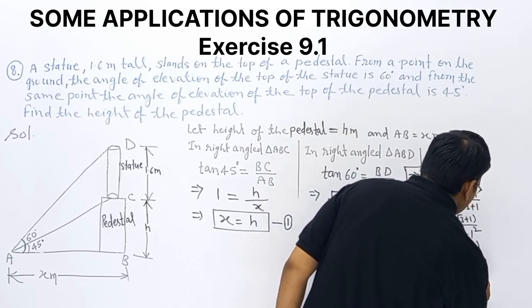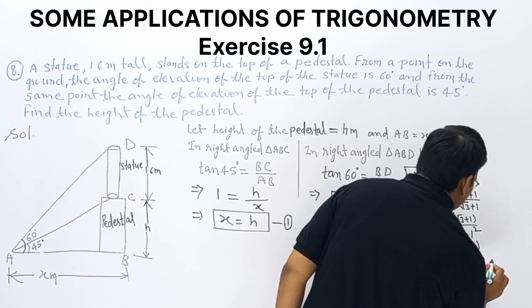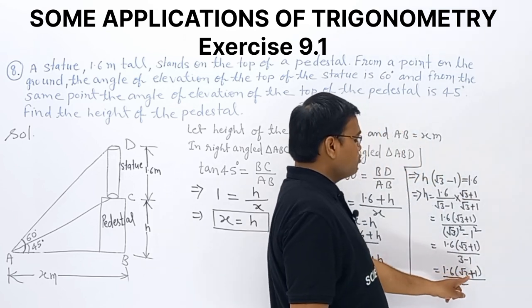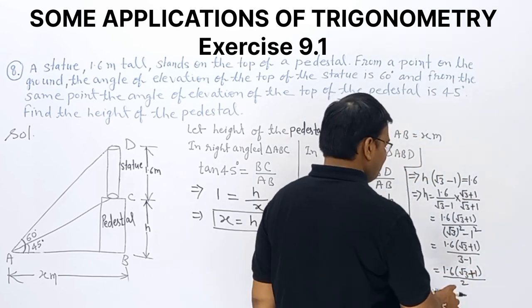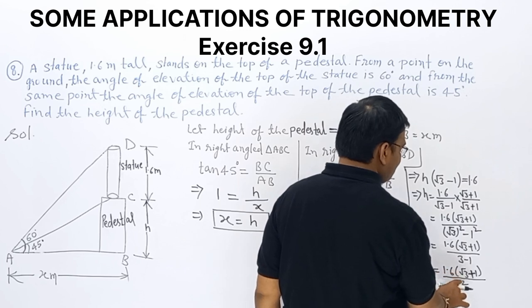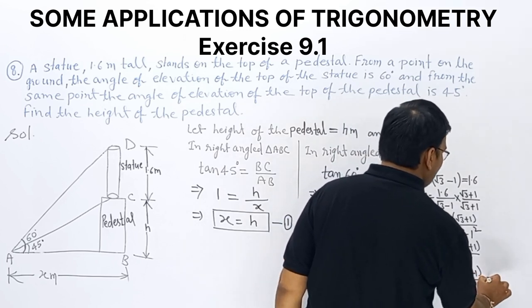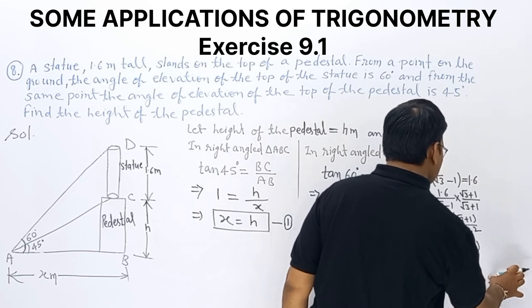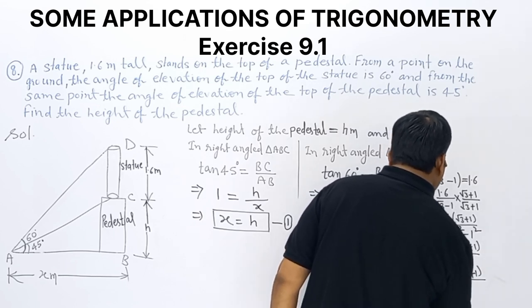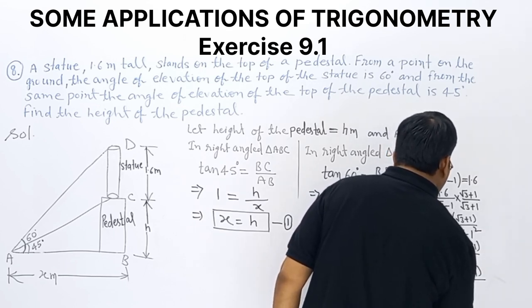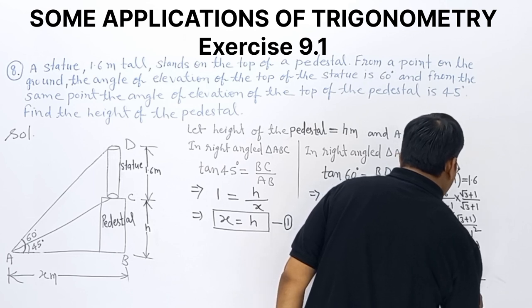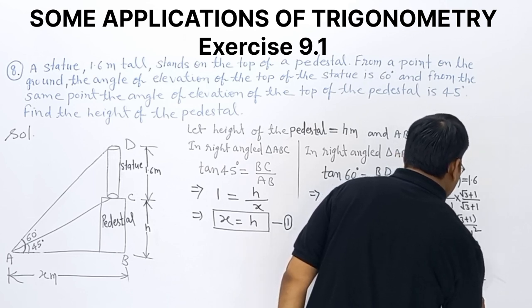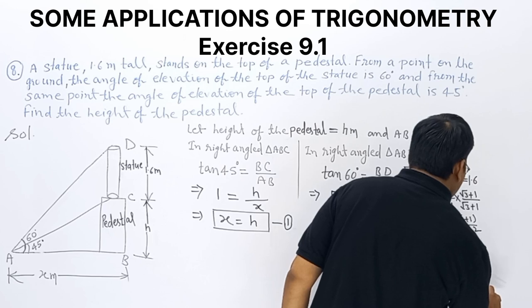So what we are having? 1.6 into square root of 3 plus 1. Once we divide 1.6 by 2, 1.6 upon 2, this can be written as 0.8 into square root of 3 plus 1 meter.